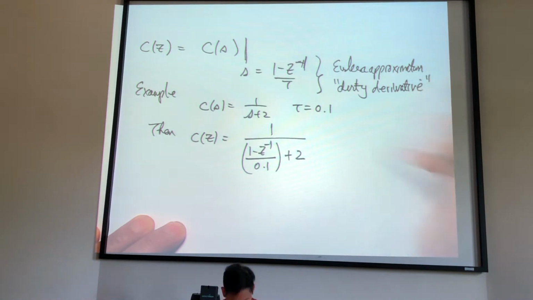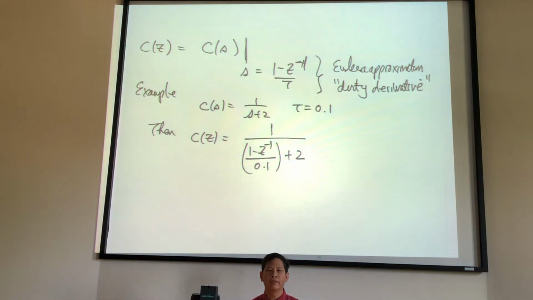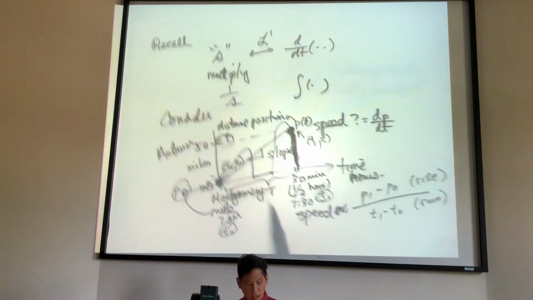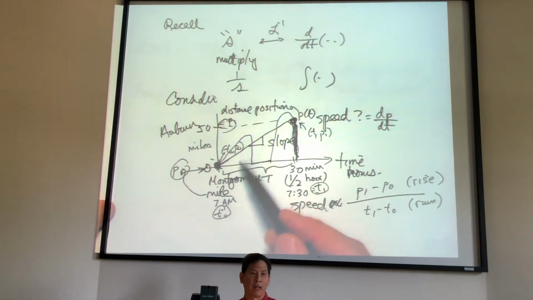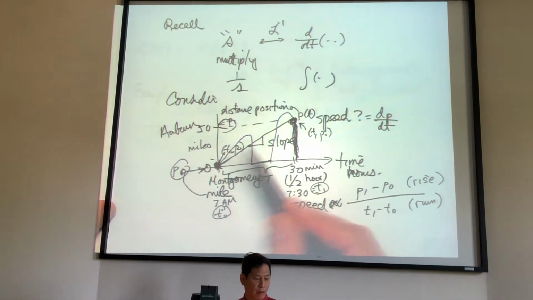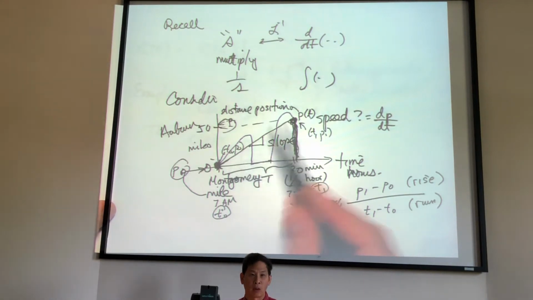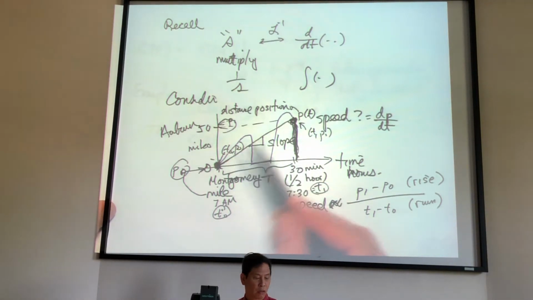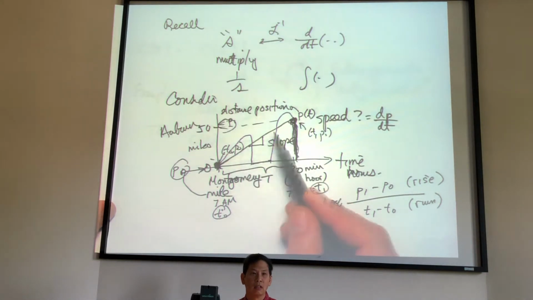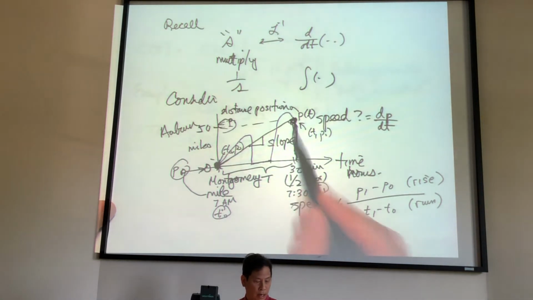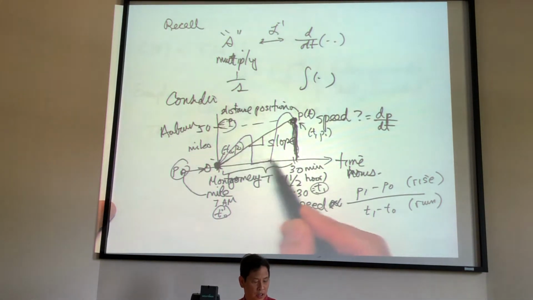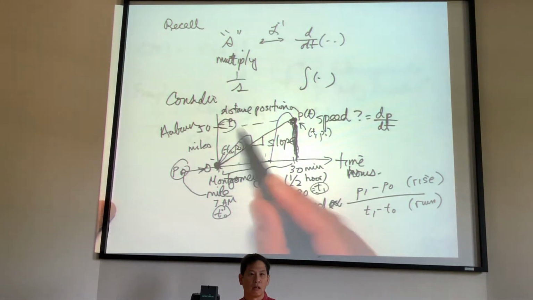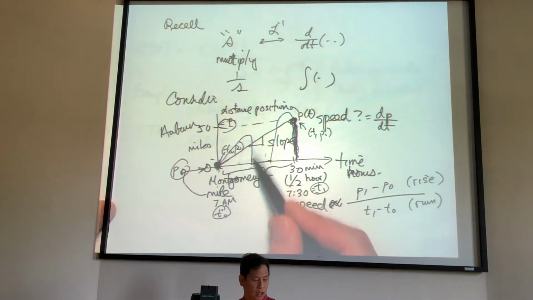It's called the dirty derivative. Why do you think it's called the dirty derivative? It's not the real derivative. It's not really accurate maybe. It's really accurate when my driving pattern was a constant, because the derivative of this line can be accurately calculated by rise over run. But if I drove like this, it's a lousy approximation for this curve.